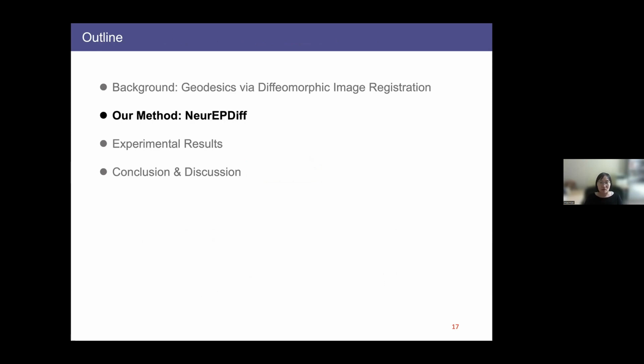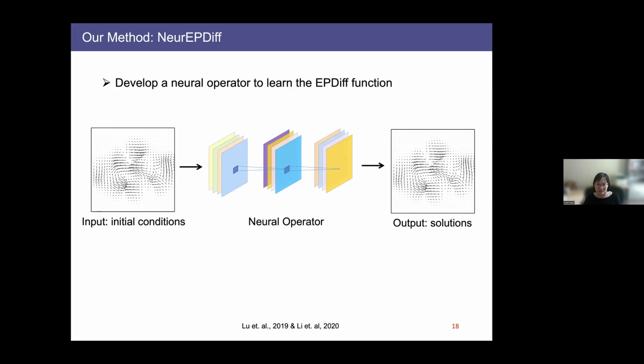Next, I'm going to talk about how we design a network to understand this equation. For those of you familiar with the neural operator, our idea is based on the neural operator. Since we have to solve such an expensive partial differential equation, the geodesic shooting equation, to understand the deformation process, we design a neural operator as a surrogate.